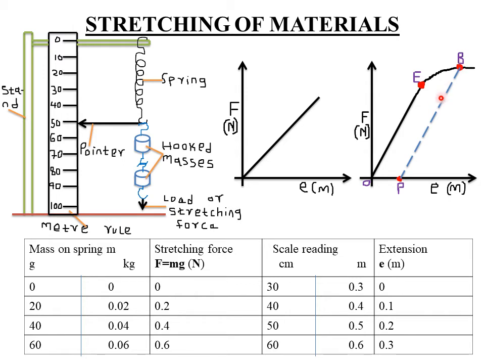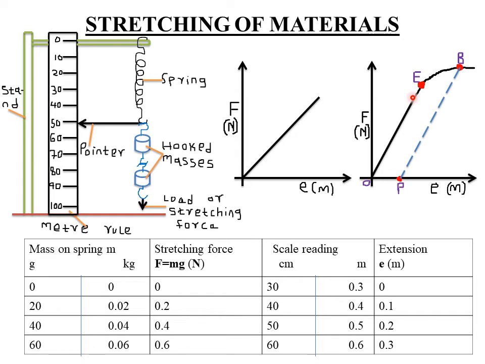So if you are told to explain what happens between these points in this graph, you simply say from point O to point E, that is between OE, the spring is obeying Hooke's law. Alternatively, you can say that between point O and E, the force is varying directly proportional to the extension.